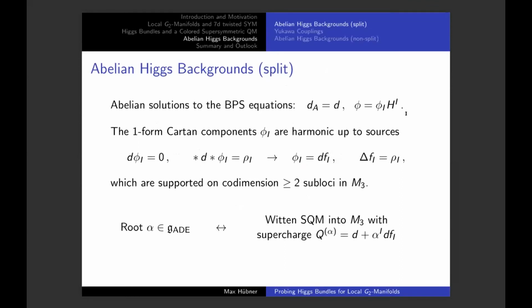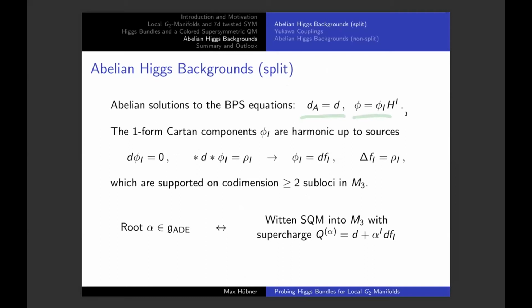So I would like to make this more precise, and for this we will have a look at specific configurations, namely geometries which are described by abelian Higgs backgrounds with fully factored spectral covers. So these are solutions to the BPS system I showed you before, which have a trivial connection and a diagonal Higgs field valued in the Cartan subalgebra.